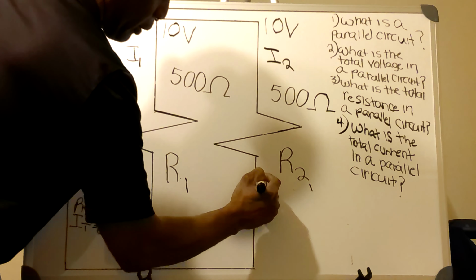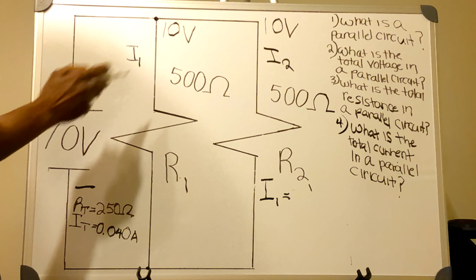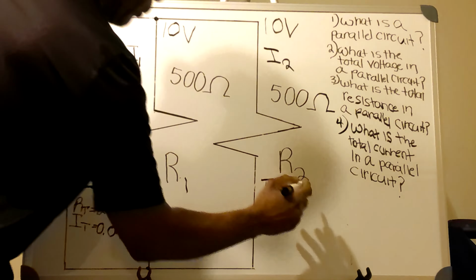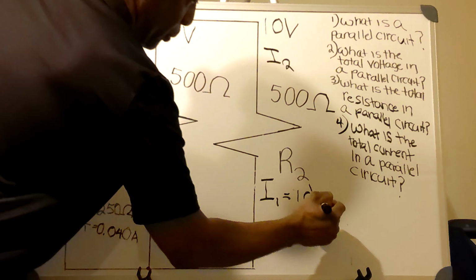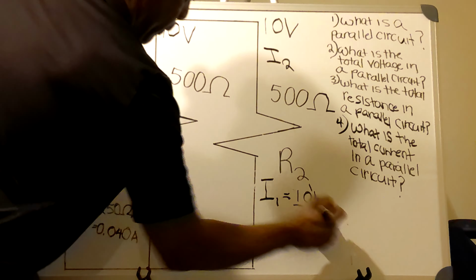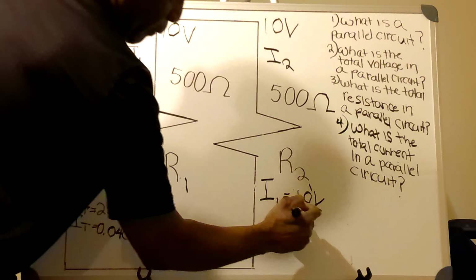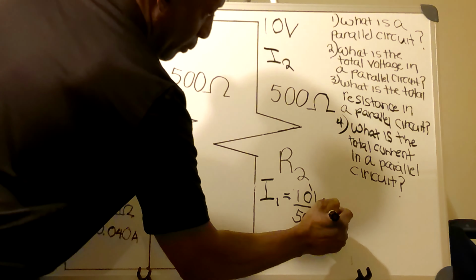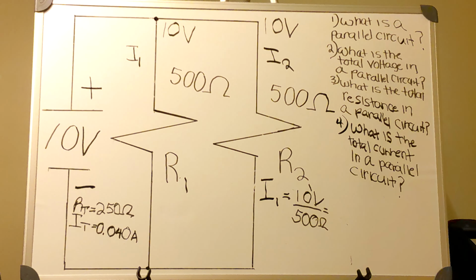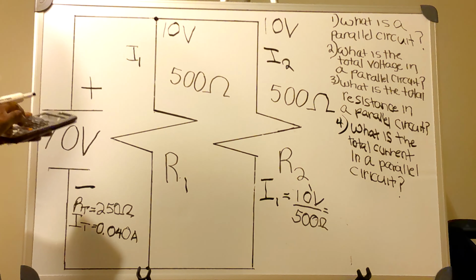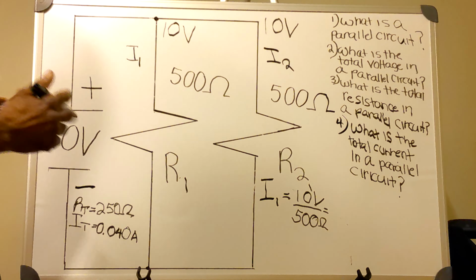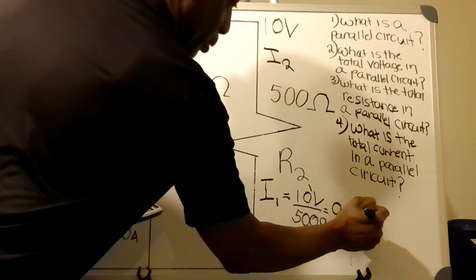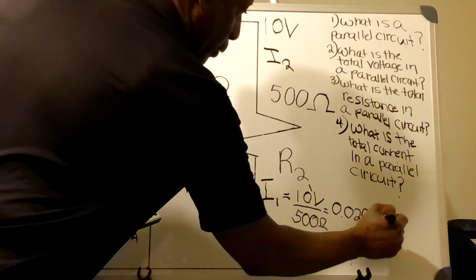The current going through I1 equals the 10 volts going across the R1 resistor, divided by the resistance, which is 500 ohms, equals 10 volts divided by 500 ohms equals 0.020 amps.